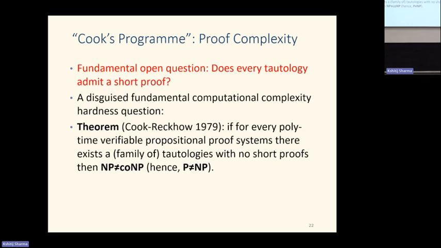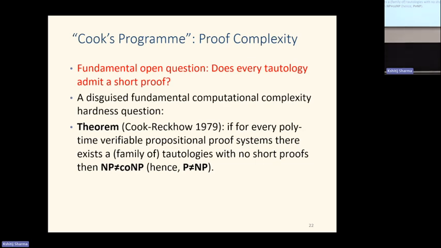Co-NP, some kind of a dual of NP. It's the complement of NP languages. But it's known that if NP is not equal to co-NP, then also P is unequal to NP.